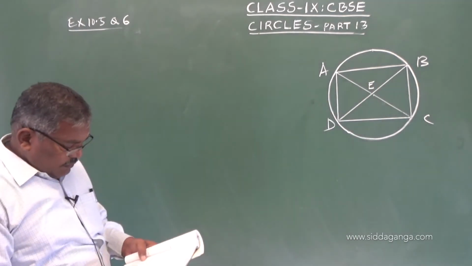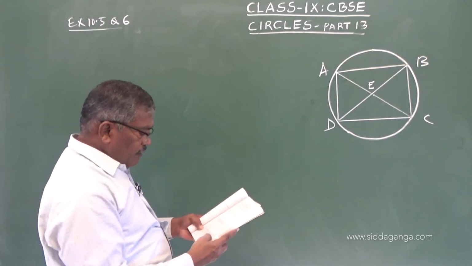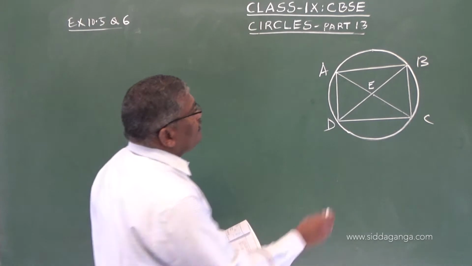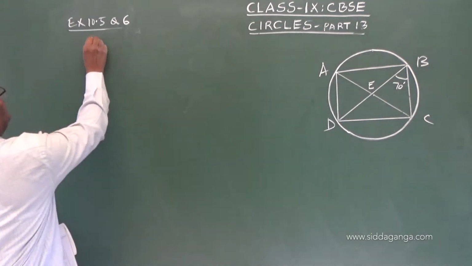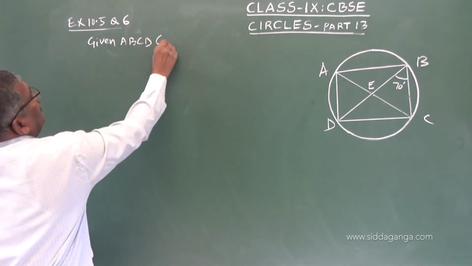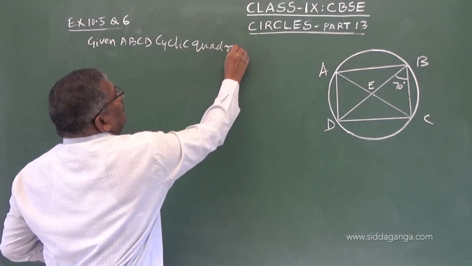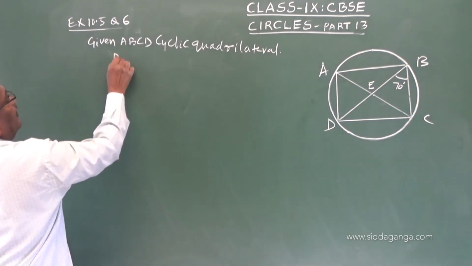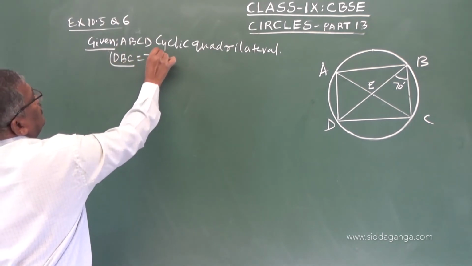Now, if E is the point of intersection, DBC equals 70 degree. This is given as 70 degree. Given ABCD cyclic quadrilateral, angle DBC equals 70 degree.